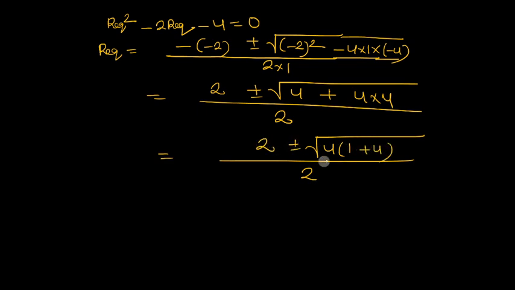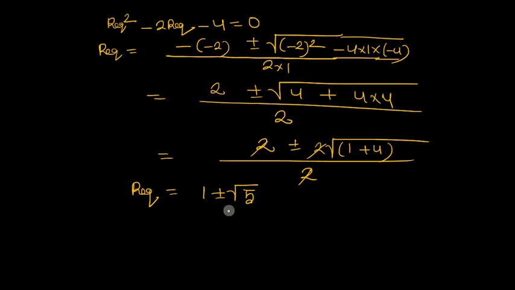Now root over 4 is equal to 2, so the 2 cancels out, and you will have 1 plus minus root over 5. So R equivalent can be 1 plus root over 5, or R equivalent can be 1 minus root over 5.